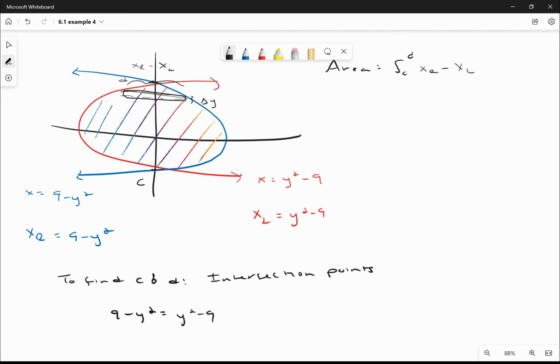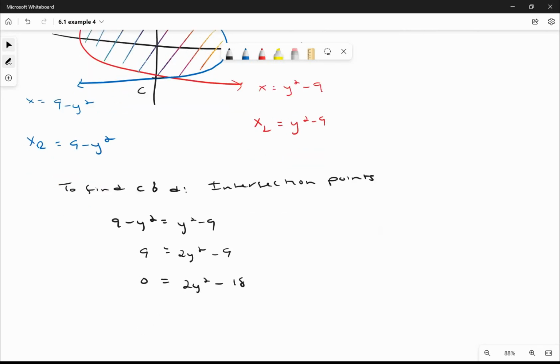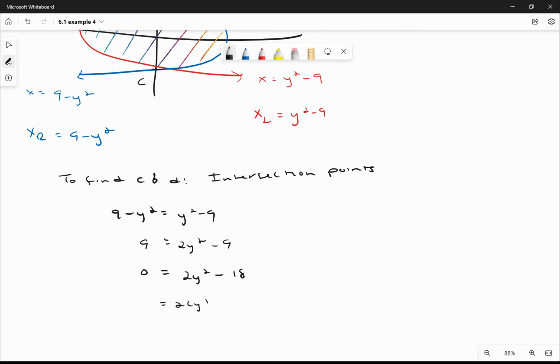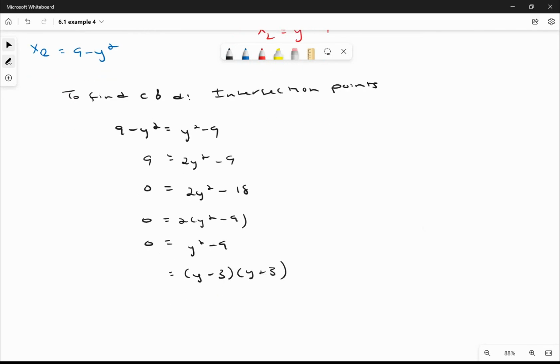There are a few ways you can solve for y here. Adding y squared to both sides, we get 2y squared minus 9 is equal to 9, so 0 is equal to 2y squared minus 18, and dividing by 2, we have y squared minus 9 equal to 0, which is at y equals 3 and negative 3.